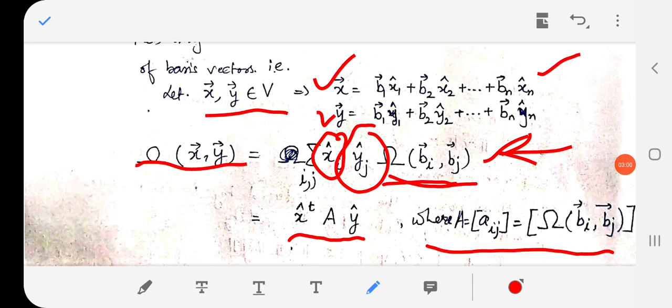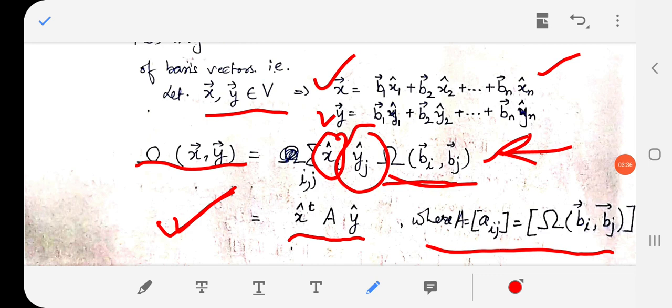Once you do that, we are now able to write any omega(x, y), any bilinear mapping or any inner product, like x transpose A y. So even if it is a dot product, you have this A to be the identity matrix, and if it's not a dot product, you will get some matrix A there. If it is a bilinear mapping, some matrix A will be there.